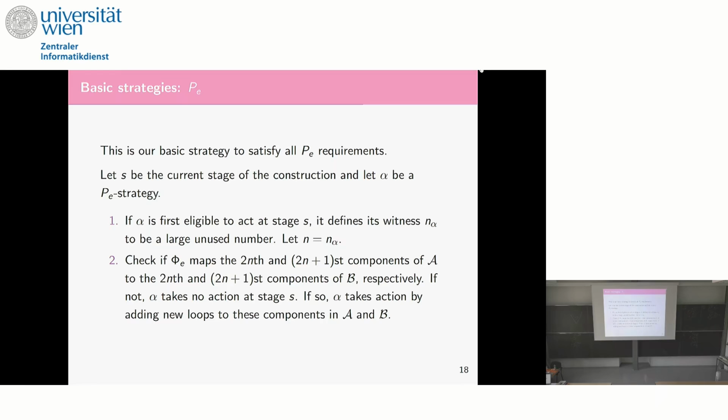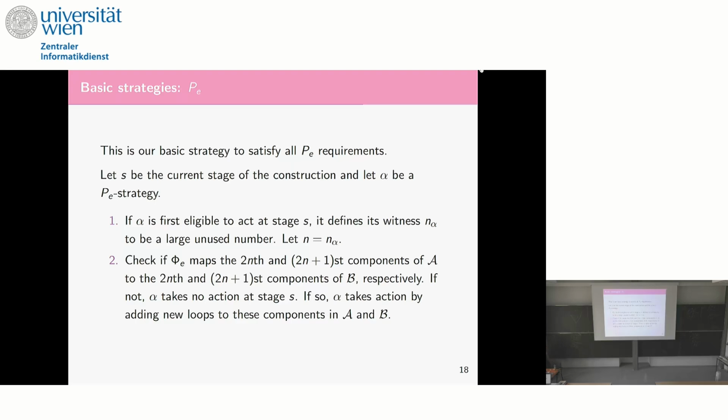Okay, so if not, alpha takes action. Now, if alpha sees that these phi E's pop up, then you're going to go into configuration 2. You're going to say, okay, I'm going to put the red cycles here, and then the blue cycles here. And then just because you want to make sure that these graphs are isomorphic, you have to add these homogenizing loops.